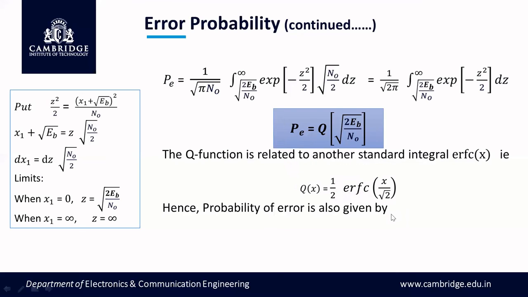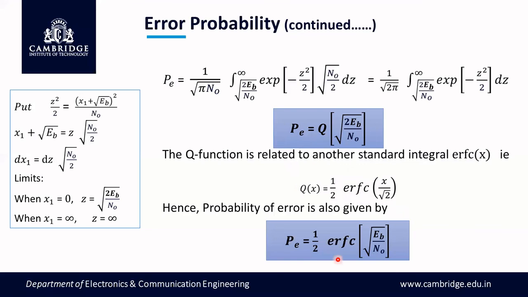According to that equation, we end up with another result. Probability of error here is given by the complementary error function, and this is given by the Q function. Both will give the same answer, so depending upon the availability of the table, we can use either equation.